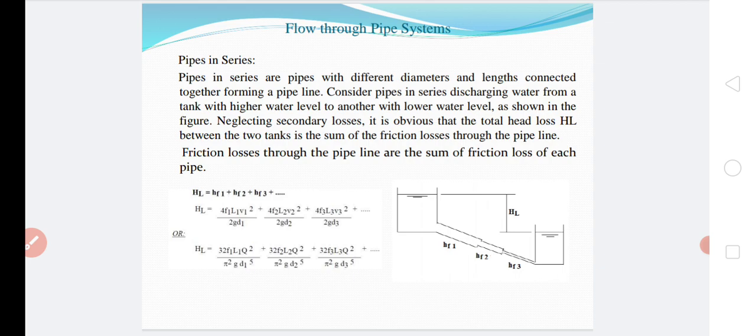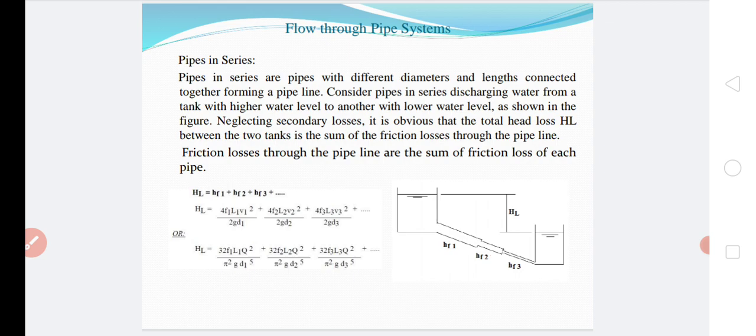HF1 is the head loss due to friction in pipe number 1, HF2 is the head loss due to friction in pipe number 2, and HF3 is the head loss due to friction in pipe number 3. So we can easily write HL equals HF1 plus HF2 plus HF3.